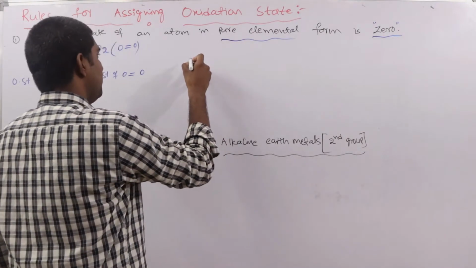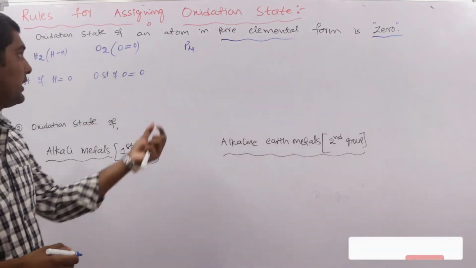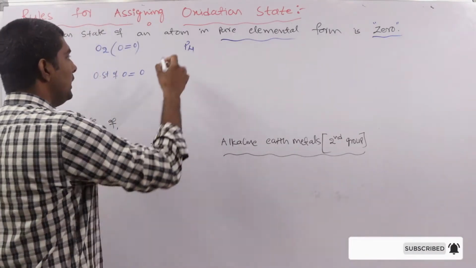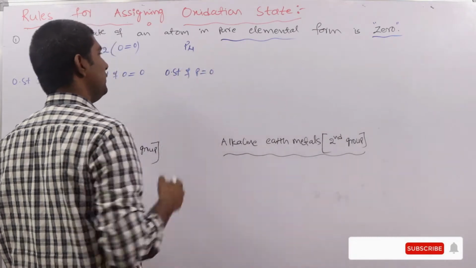Suppose you take phosphorus P4. Phosphorus exists as P4, atomicity equal to 4 here. So the oxidation state of phosphorus is equal to 0 here also.